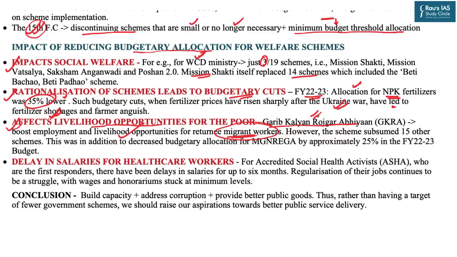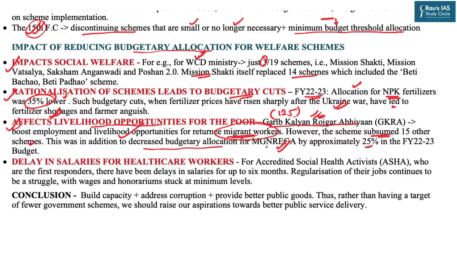However, again, this scheme has subsumed 15 other schemes. Now, this particular scheme was there for around 125 days, but it has subsumed various other schemes also. And this was in addition to the again reduced budgetary allocation for the MGNREGA scheme by approximately 25%.